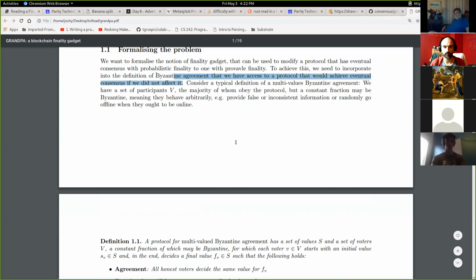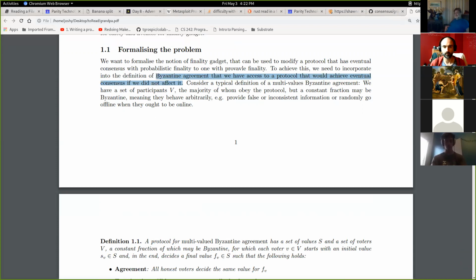So this is basically one of the key ideas. They're saying we're going to use this Grandpa game to finalize blocks. Based on Grandpa, which we're about to explain, we'll be able to know: is some block final? Is this block going to ultimately be in the blockchain? But Grandpa can't work on its own. It needs, along with it, this block production mechanism that works kind of like Bitcoin's proof of work, where as the proof of work chain keeps growing, you can say about any block, this one is 10% likely to be in the final chain, or 80%, or whatever.